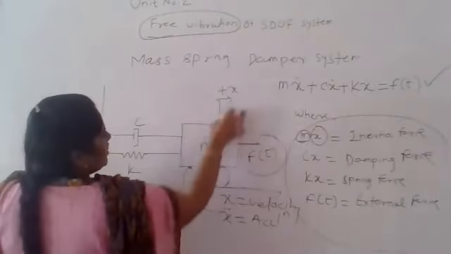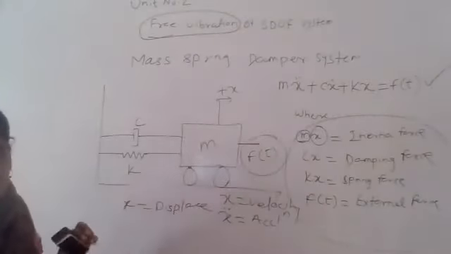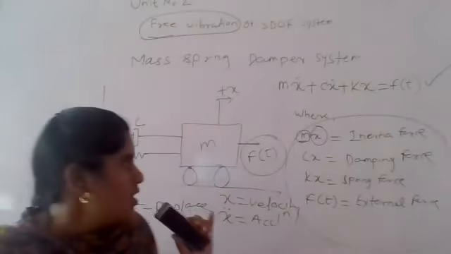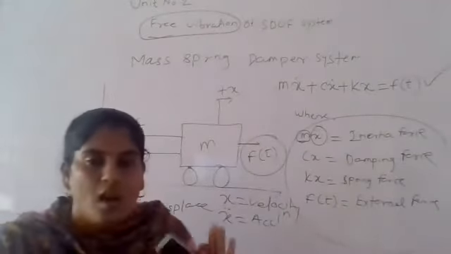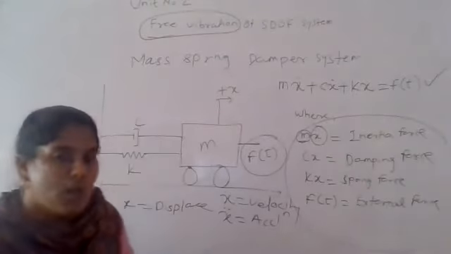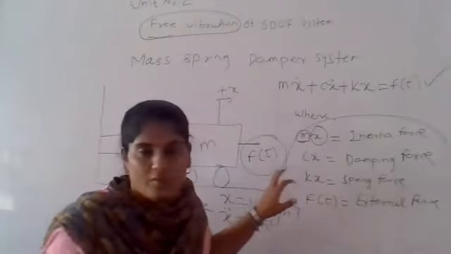In this way, there are three forces produced in the system, and which are those? First one is the inertia force, second one is the damping force, third one is the spring force, and the external force applied to the system is f of t.